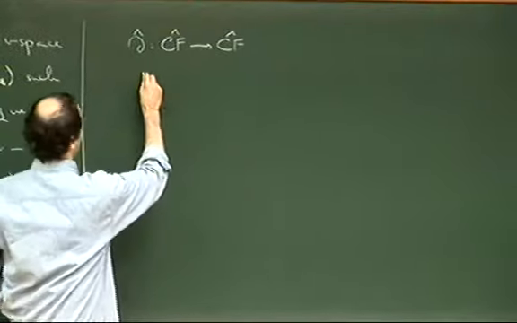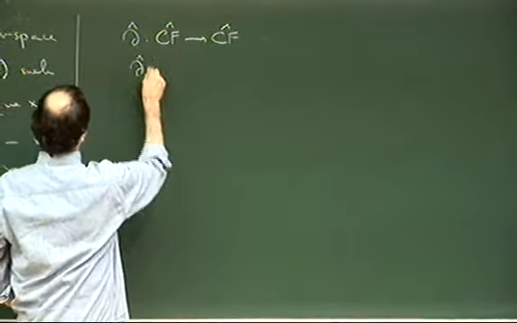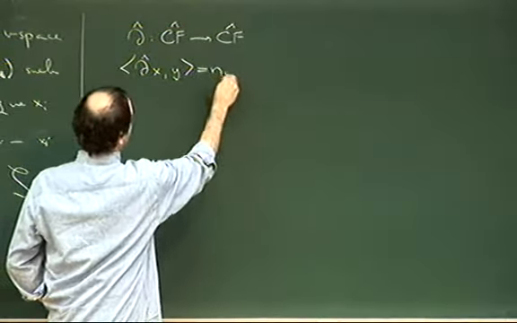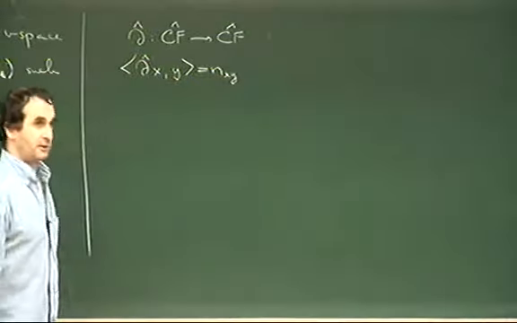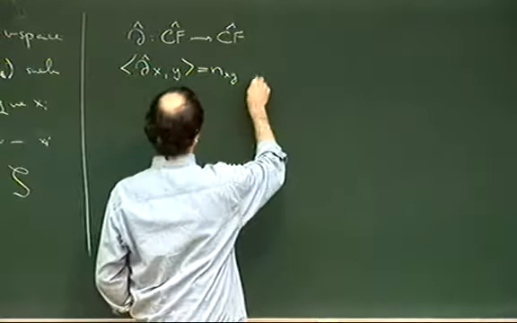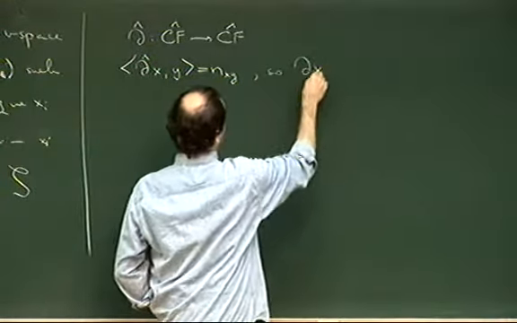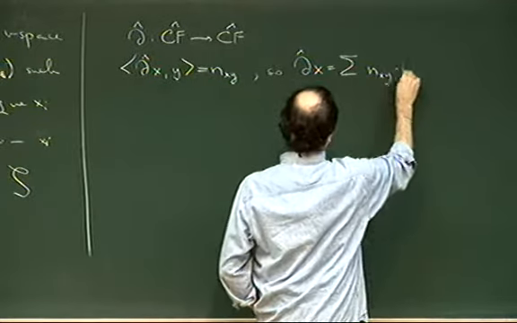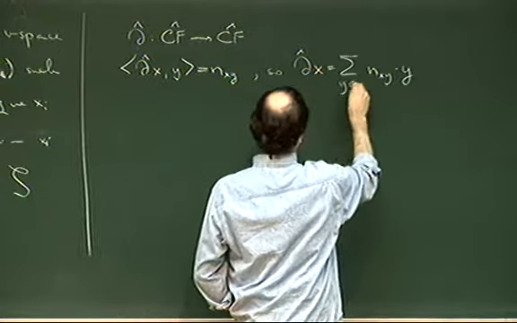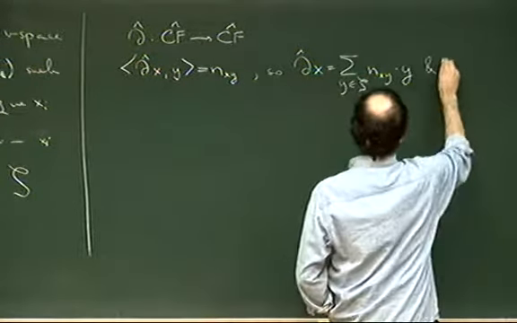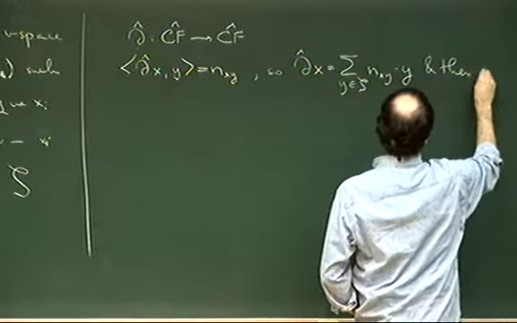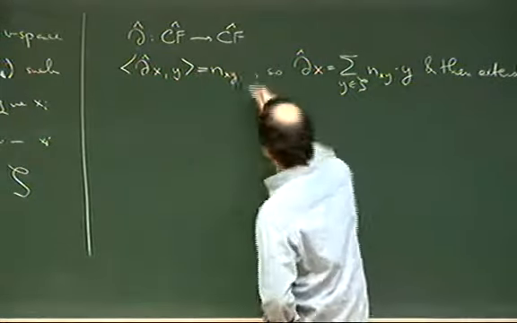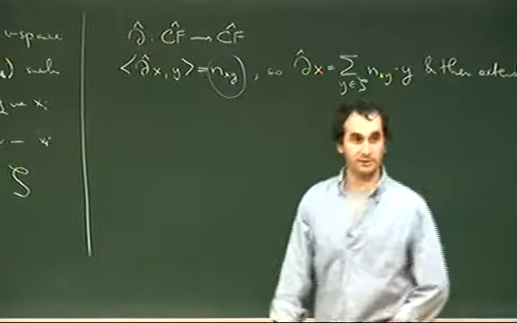So all I need to specify is this matrix element, which I will denote by n_xy, and then extend linearly. So all I have to tell you is what this number is.